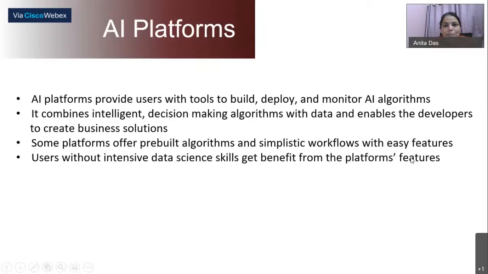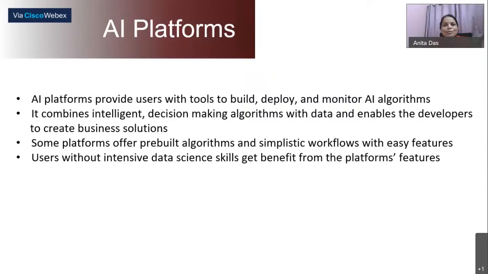It means you will see that there are many algorithms, so you just have to drag and drop or select what kind of things you want to do, and it can be done. Also the tools and techniques are all in one place. So it is very important to talk about AI platforms when we talk about any solution involving AI.